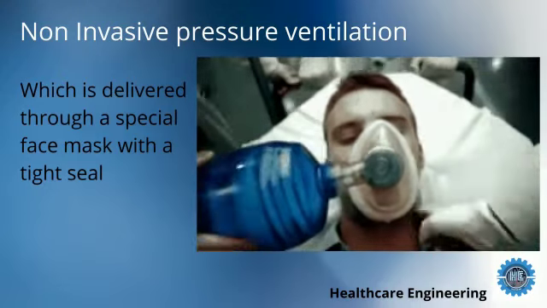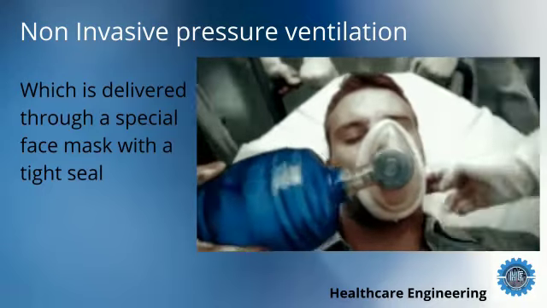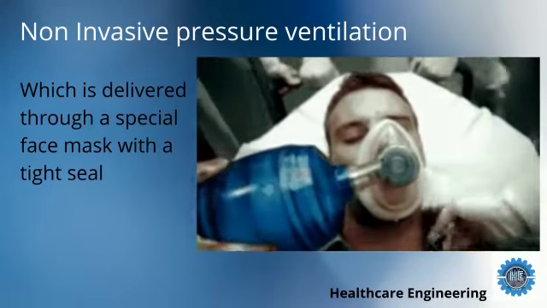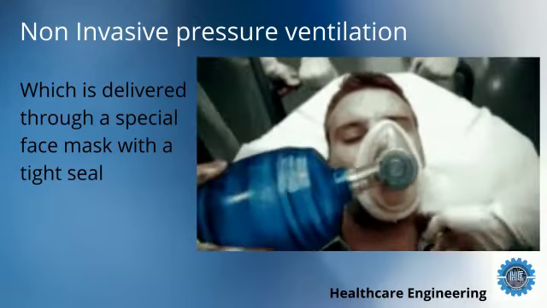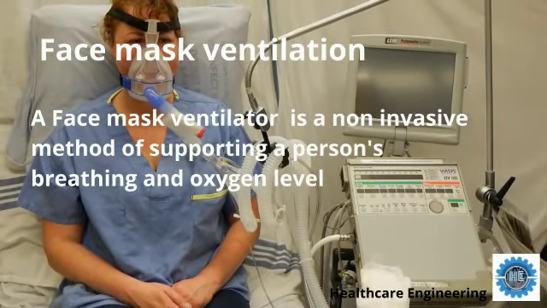Air travels through the anatomical airways and can be used in acute hypercapnic respiratory failure so long as the patient's condition is responsive to therapy. Face mask ventilator. A face mask ventilator is a non-invasive method of supporting a patient's breathing and oxygen levels. To use, one person wears a mask that fits over the nose and mouth while air blows into their airway and lungs.